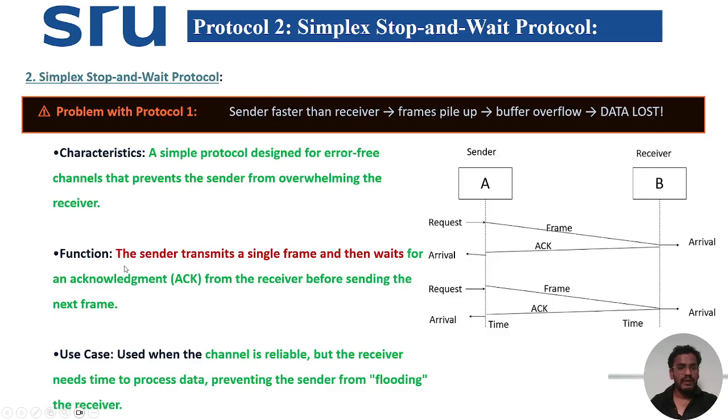Coming to the function, the sender transmits a single frame and then waits for the acknowledgement from the receiver before sending the next frame. So once he sends the frame to the receiver, he should wait to get the acknowledgement from the receiver. Then he is ready to share the next frame to the receiver side.